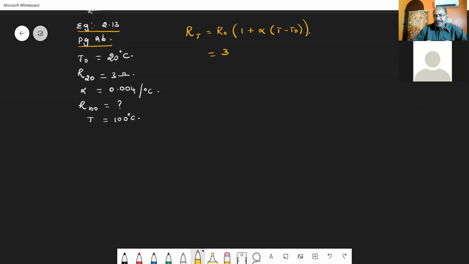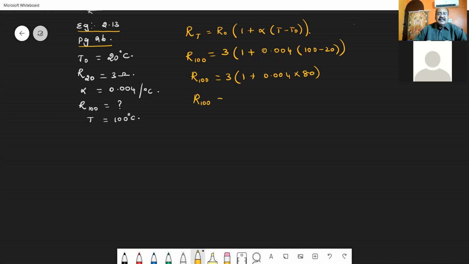R20 is 3 ohm into 1 plus alpha, 0.004, multiplied with 100 minus 20. On the left hand side, we have to calculate R100. So R100 is equal to 3 into 1 plus 0.004 into 100 minus 20, it is 80.